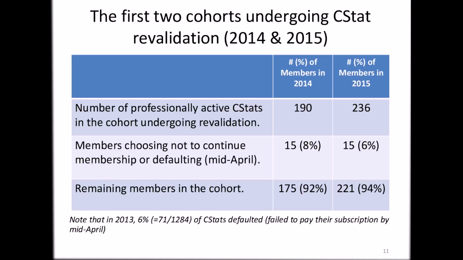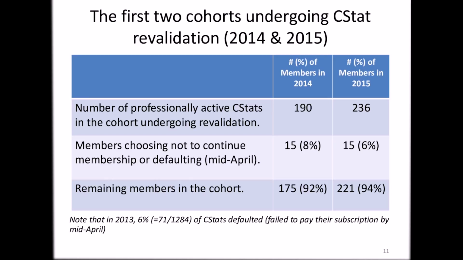The first row of this table indicates the number of professionally active CStats in the cohorts undergoing revalidation. And this information is taken from the professional register in January, and so captures numbers prior to the completion of the membership renewal process and the payment of subscriptions.